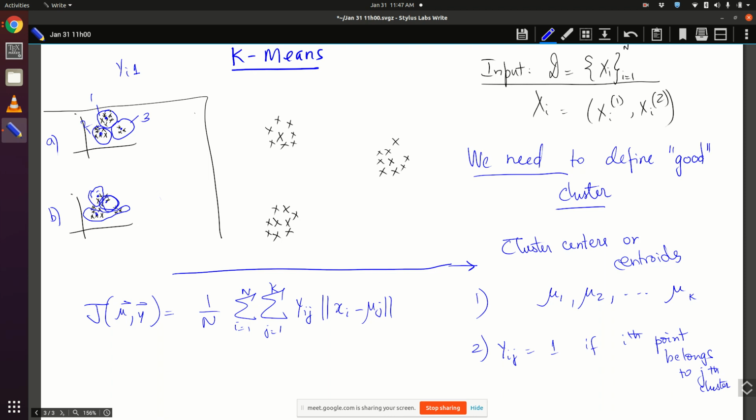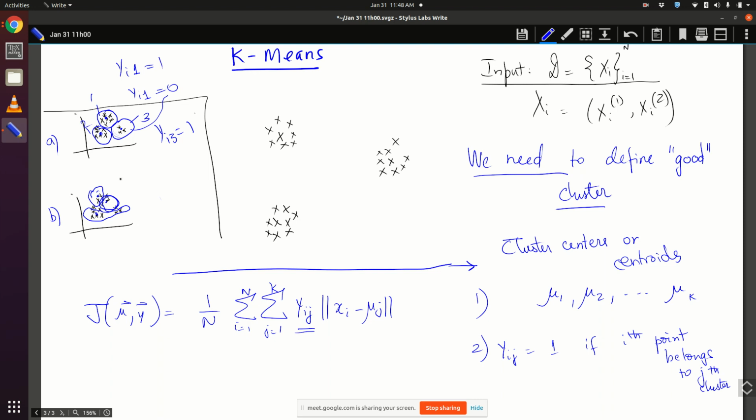For all these points, what will be yi1? It will be equal to 1. And for all these other points, yi1 will be 0, whereas yi3 will be 1 for all these points, correct? Yes. So that is what yij is.